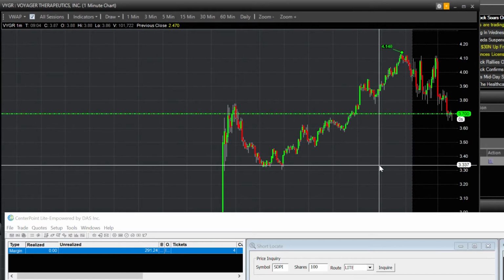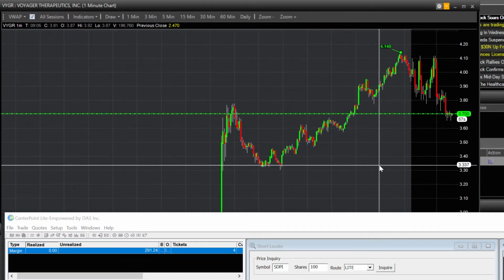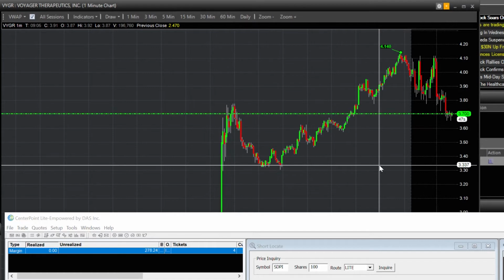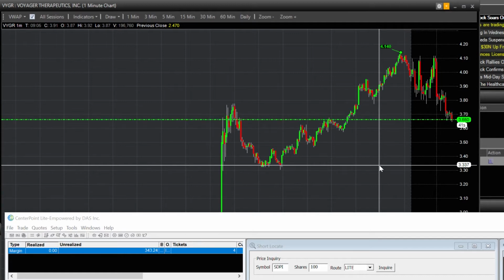But with these mid floats, it's kind of hard to judge the size on level 2. I know there's a lot of people who read level 2 and stuff, but I'm not one of them. I just stick to statistics, stick to my data.